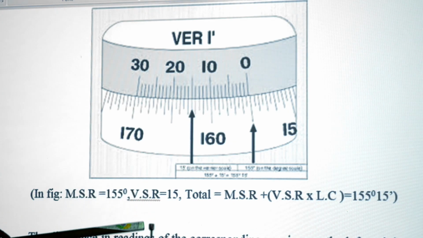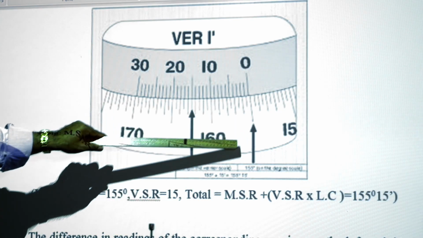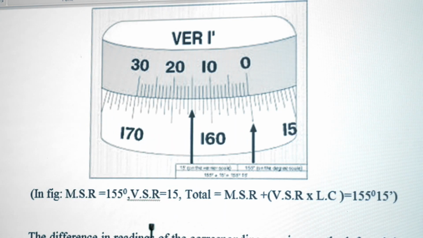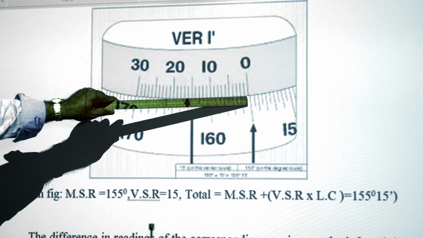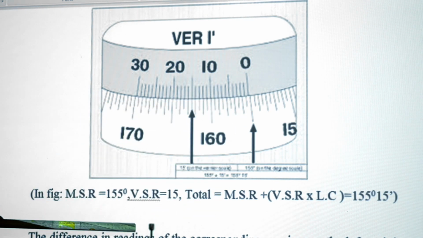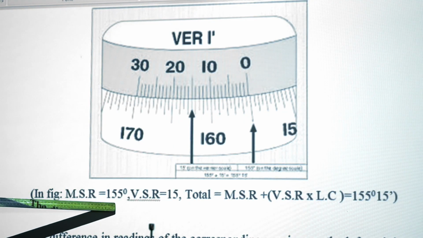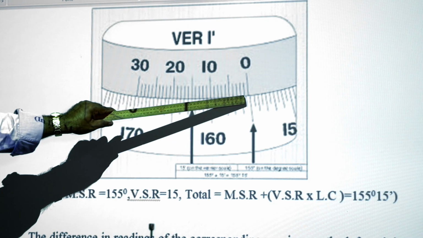In this picture you can see the 0 of the vernier is just after 155 degrees. The 0 of the vernier has just completed 155 degrees, so the main scale reading here is 155 degrees. That is the way of taking the main scale reading.